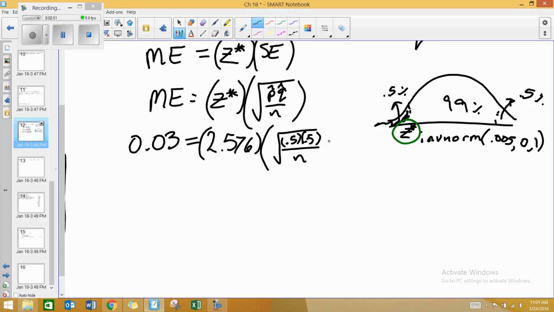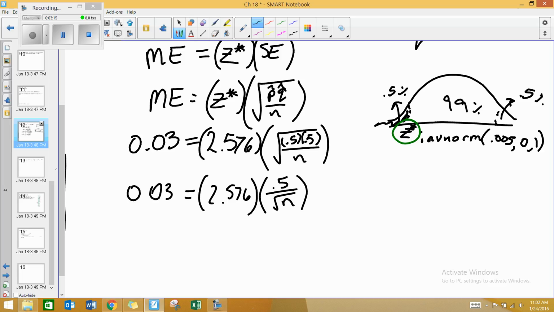Okay, and we are going to be solving for, well, how big does our sample have to be? From here, I'm going to take 0.5 times 0.5 and get 0.25. The square root of 0.25 is just 0.5, so I'm left with 0.5 over the square root of n times 2.576. It's going to lead me to my margin of error of 0.03.